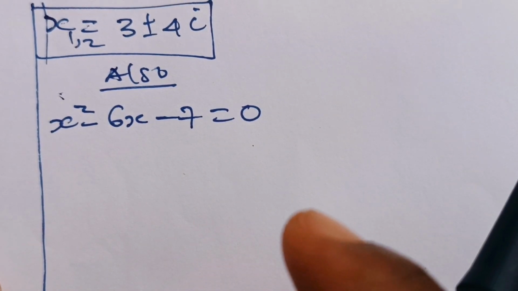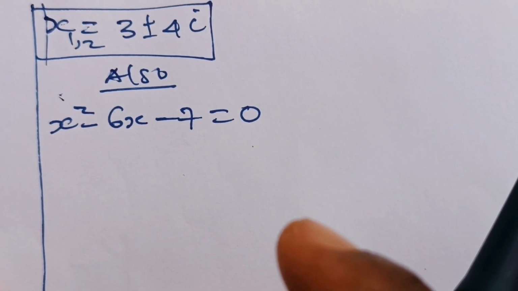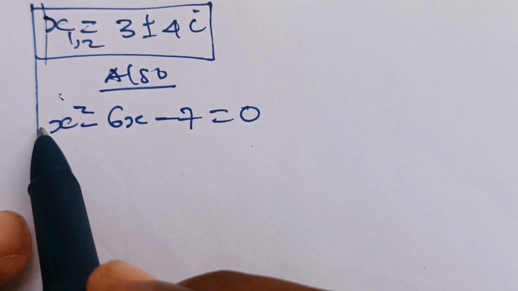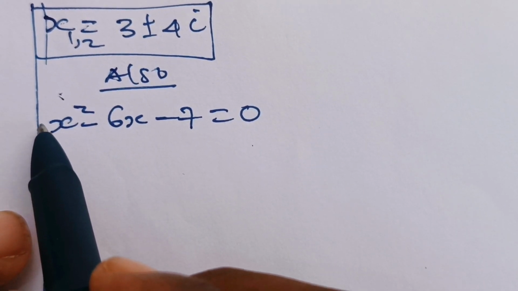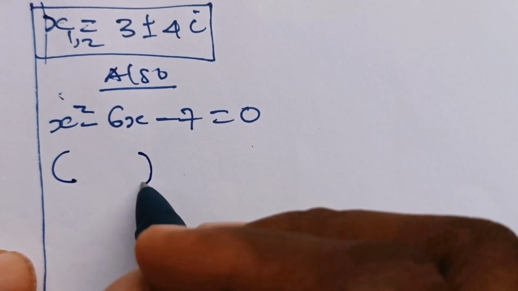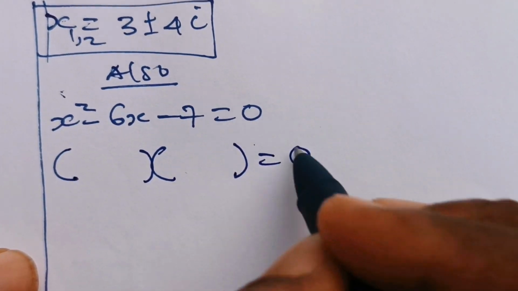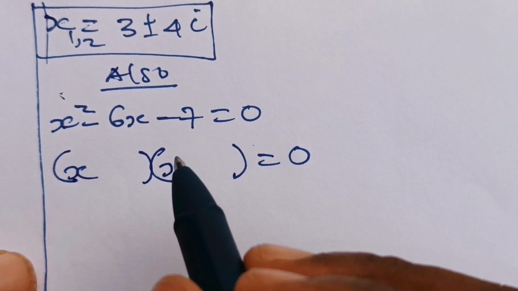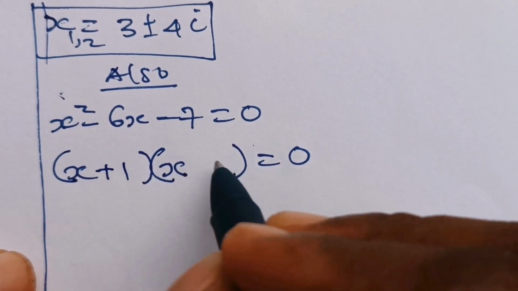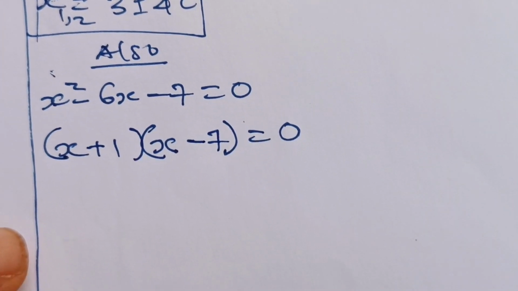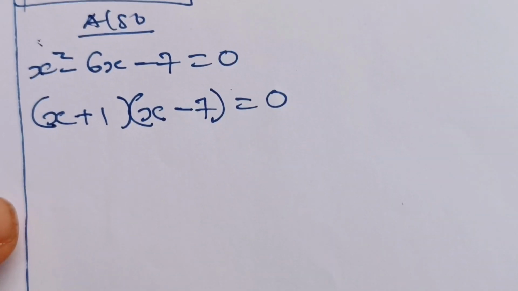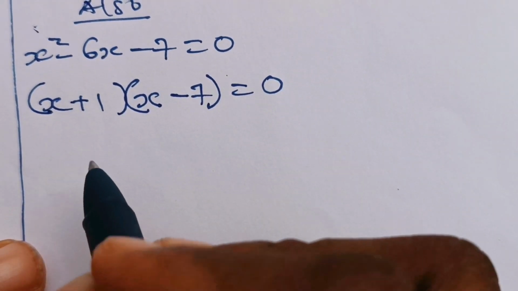And the two factors are 1 and minus 7, all right? And because this particular x squared has 1 as its coefficient, we can actually solve this using this method. So we have x squared, that is x times x, and the two factors that we just called are 1 and minus 7, right? So plus 1 and minus 7. Yes, whenever the coefficient is 1, you can factorize using this method without doing any other thing.